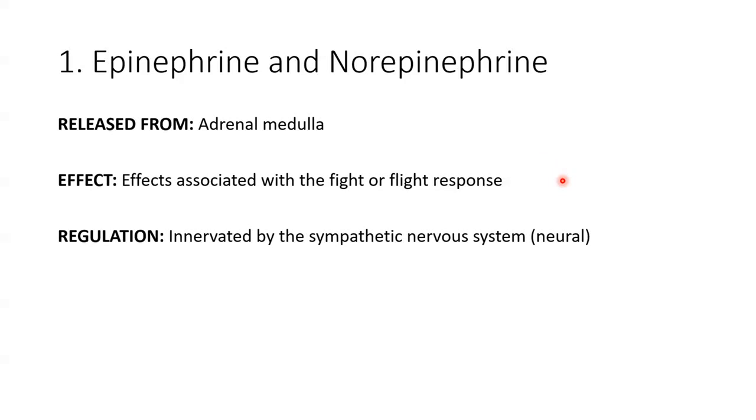So that could be to increase your heart rate, increase blood flow to the heart, to the liver, to skeletal muscles, to dilate your airways, dilate your pupils, to increase blood glucose concentration, anything that you would need in an emergency or stressful situation. In stressful situations, the nerve impulses from the sympathetic neurons will stimulate those chromaffin cells, causing these hormones to be released. So as such, these hormones are under neural control.